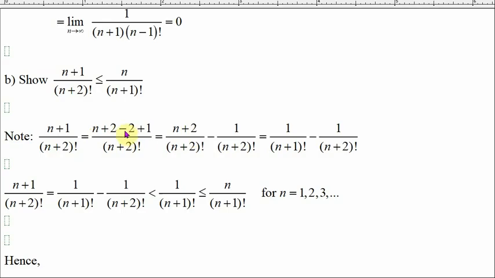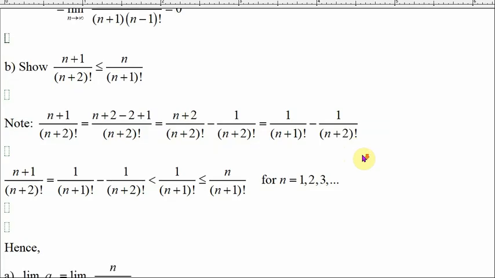And then the minus 2 plus 1 is minus 1. And then the (n plus 2) factorial here is the same as (n plus 2) times (n plus 1) factorial. And so the factors n plus 2 here will cancel each other out. And what's left is 1 over (n plus 1) factorial, and then minus 1 over (n plus 2) factorial.